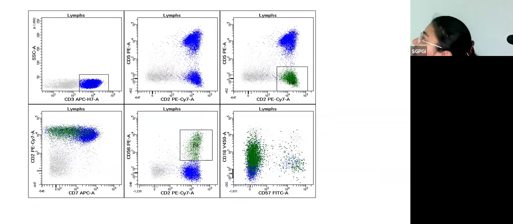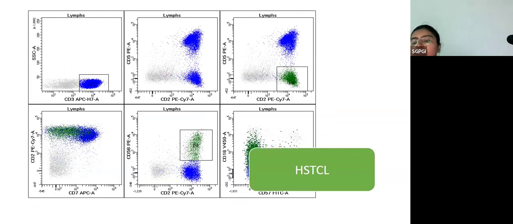So now if we go on, we realize that there is this population that is 5 negative, again colored green, 2 positive, 5 negative cells. They are also showing a downregulation of CD7, and these cells, they are 56 positive. And when you look at 16 and 57, 57 is nearly absent in majority, while 16 is expressed at a dim intensity.